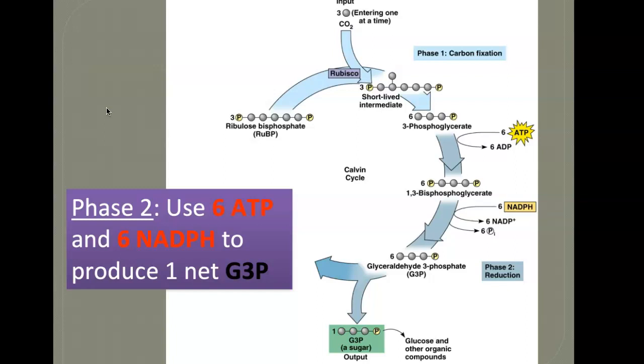And the molecule in between is being reduced by gaining parts from those energy molecules or from those electron carriers. In the end of this phase, we have that 3-carbon sugar, which is G3P, which is released, which will then go and turn into a glucose molecule when it joins up with another one.